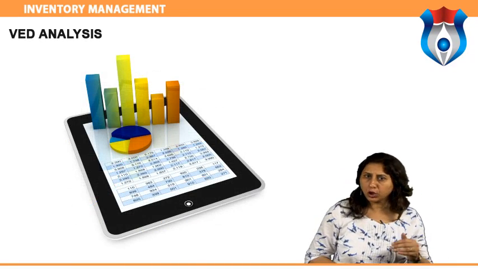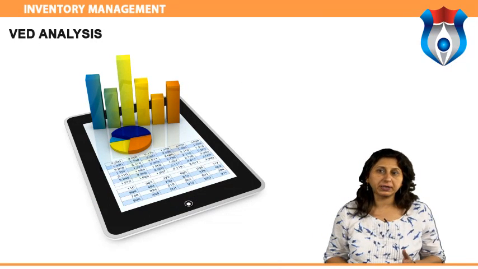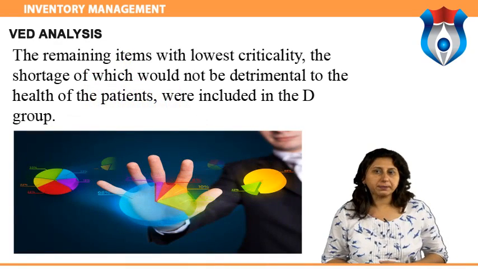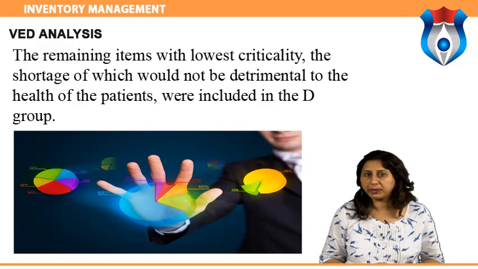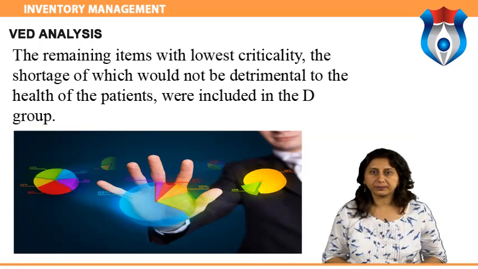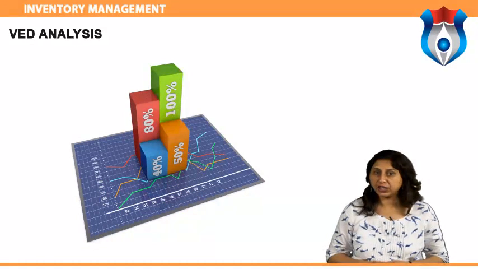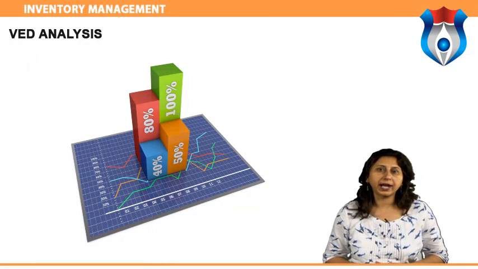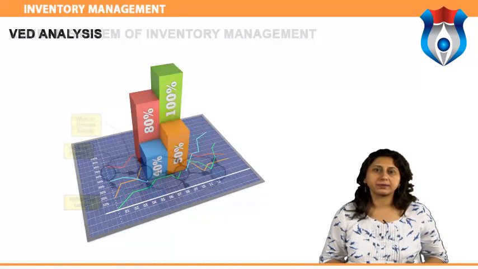The items with a lower criticality need and those that may be available in the hospital were included in the E group. The remaining items with lowest criticality, the shortage of which would not be detrimental to the health of the patients, were included in the D group. The VED status of each item was discussed with justification by a group comprising a physician, surgeon, pediatrician, and pharmacist.